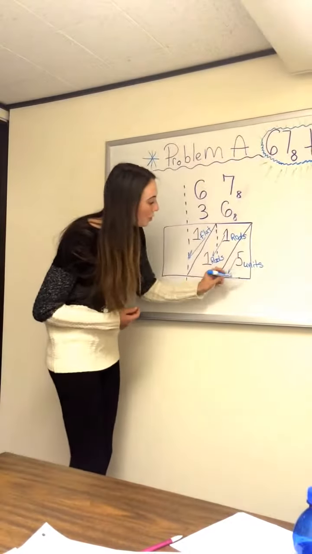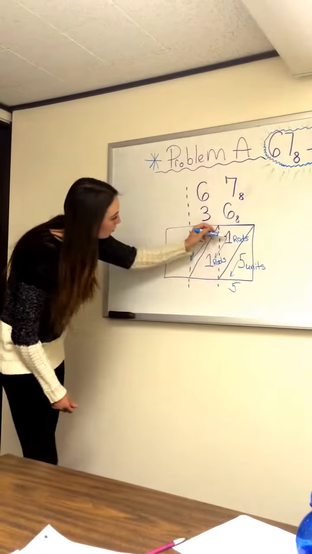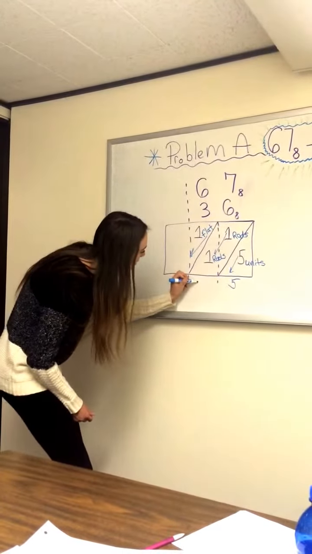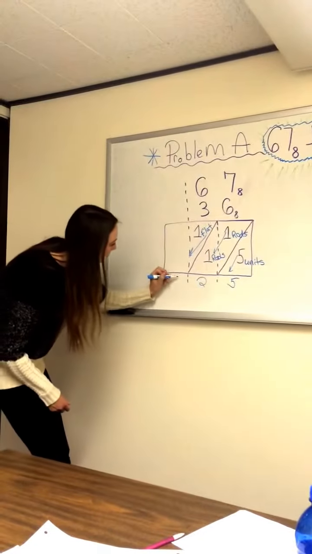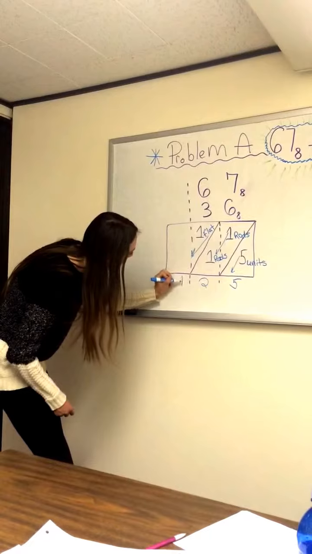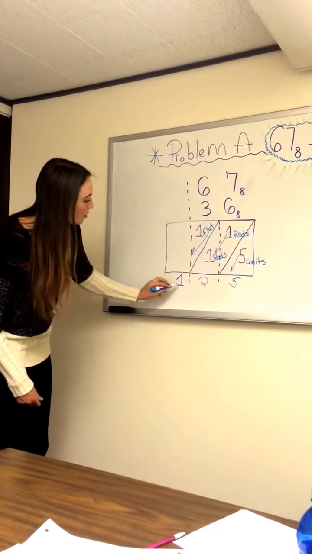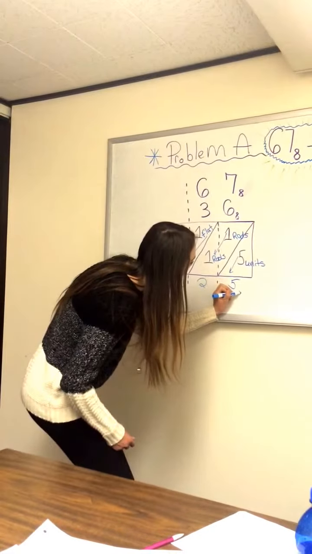So we'll start with the units. We have 5 units. 1 and 1 is 2, so we have 2 rods. And then we have just 1 flat. So the answer is 125, and then we can't forget the base.